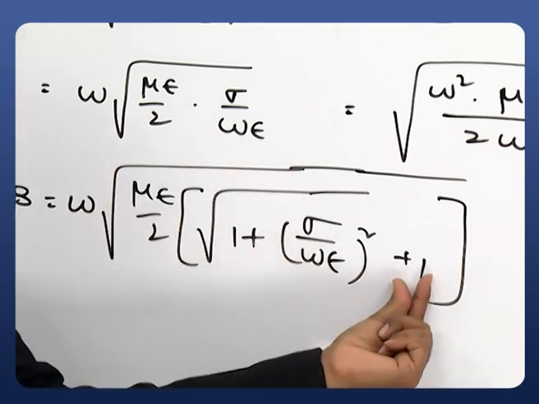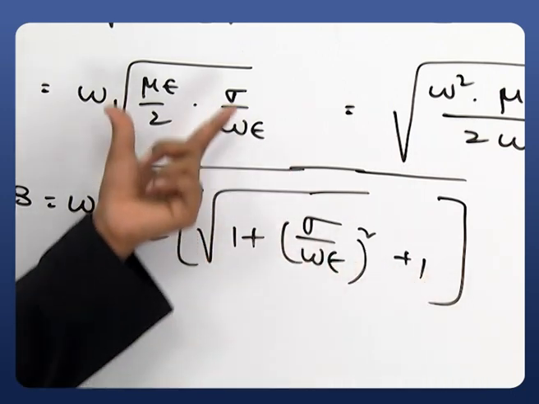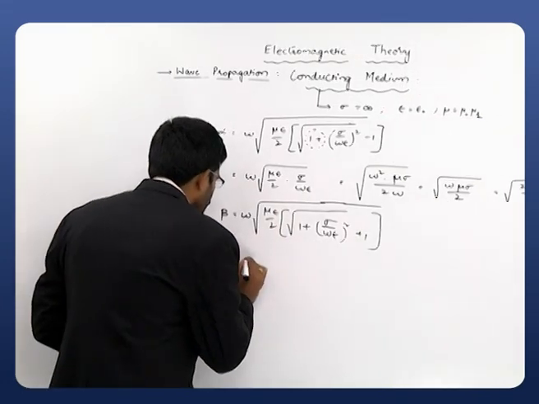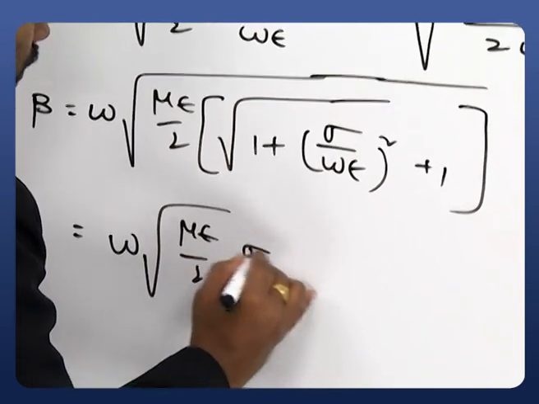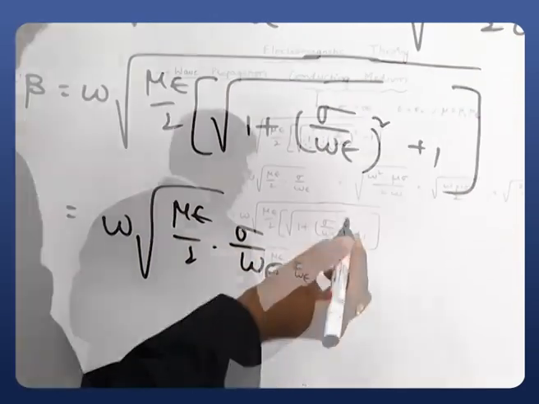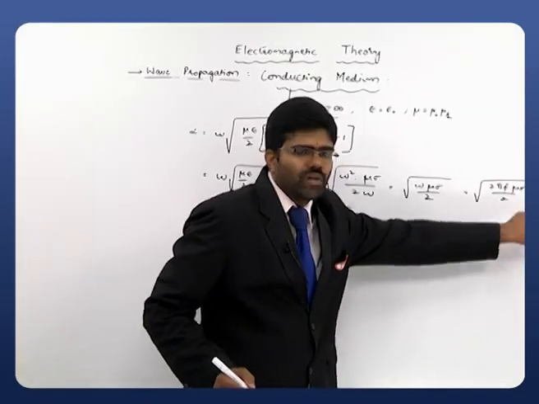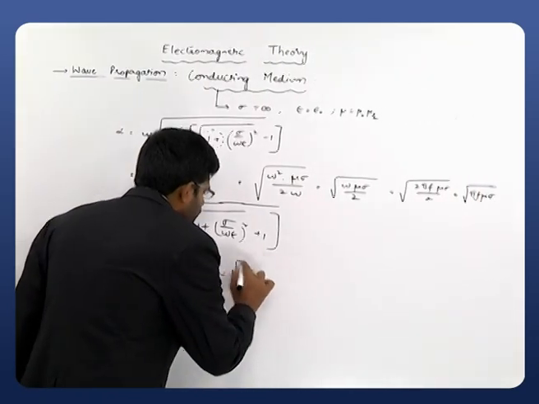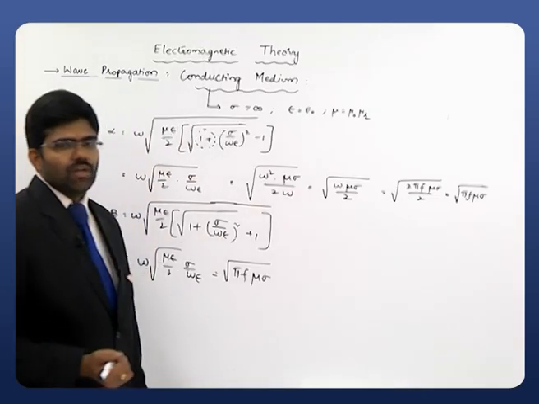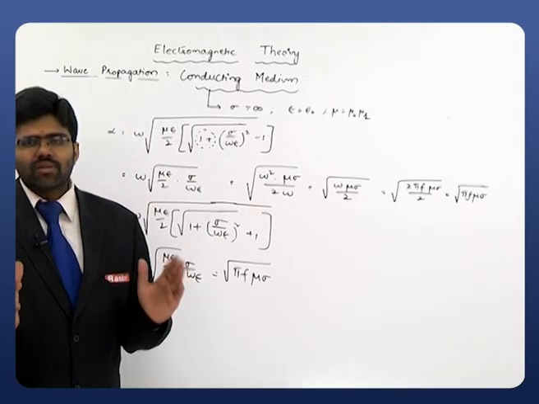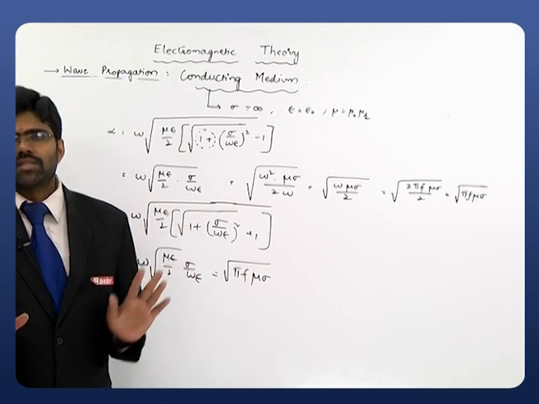After the square root, this one also can be neglected. Then what we get is a similar term, omega times the square root of mu epsilon by 2 times sigma by omega epsilon, which is the same type of term as here, the square root of pi f mu sigma. So clearly for our conductor, alpha and beta are the same.